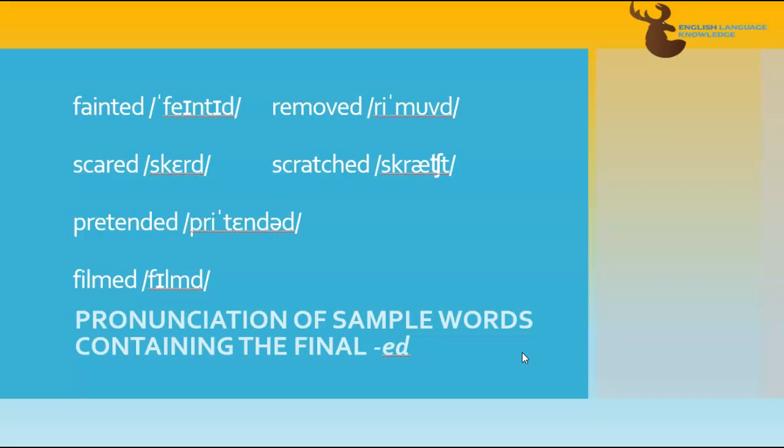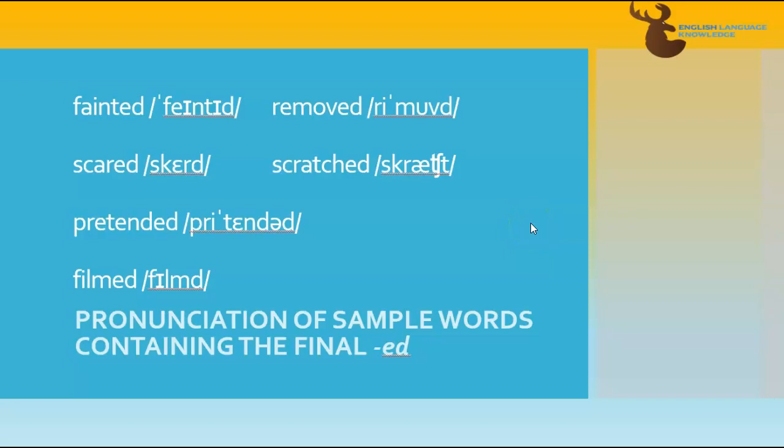Finally, let's look at some examples of the different pronunciations of the ed at the end of a word, okay? Like we can see in the word fainted, the final ed is pronounced as a separate syllable, id. Then removed, the final ed is pronounced d.